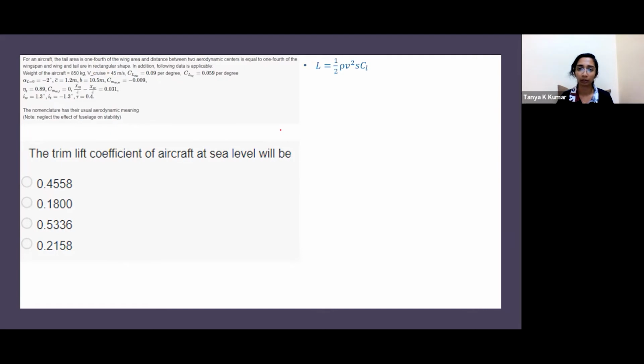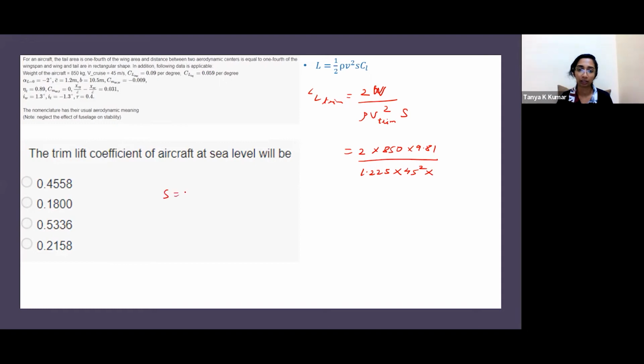So CL trim would be 2L, and in case of trim, lift equals weight, so you will have 2W by rho V trim square S. That is 2 into 850 into 9.81 by rho, which at sea level is 1.225, V trim is 45.